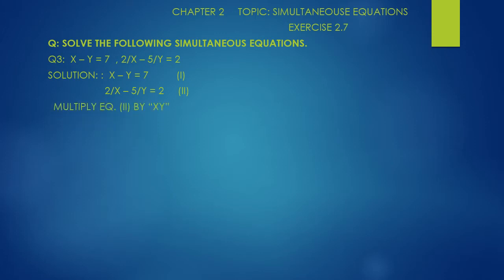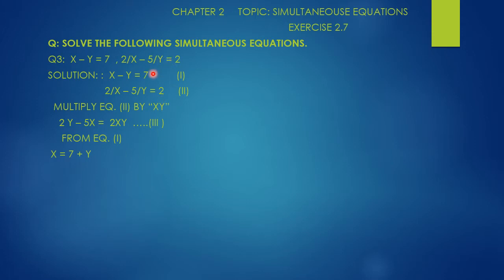Multiply equation 2 by xy. So it means that 2y minus 5x is equal to 2xy. From equation number 1, x is equal to 7 plus y. Minus y is shifted to the right hand side, so its sign will be changed.